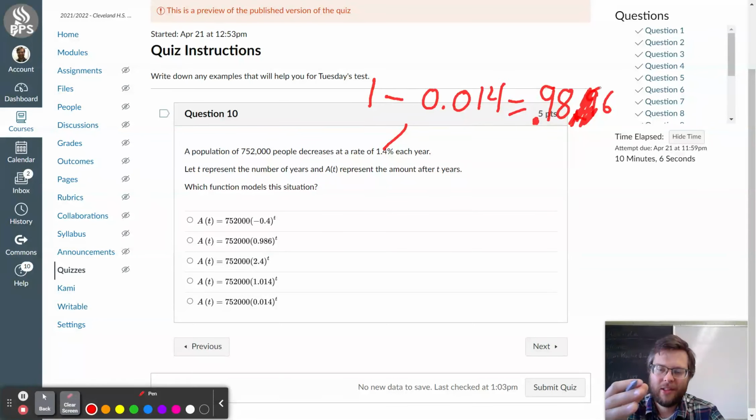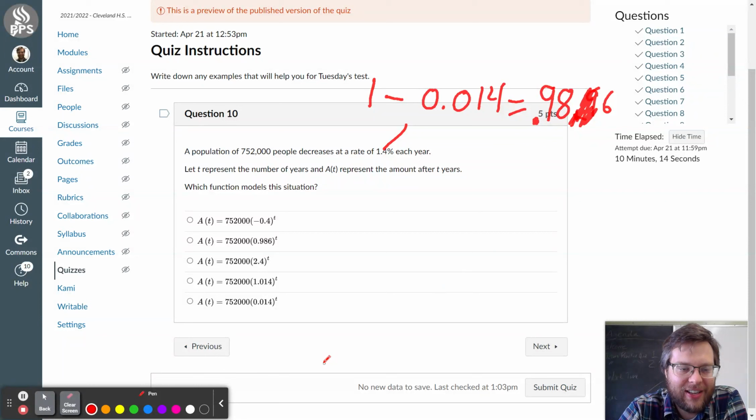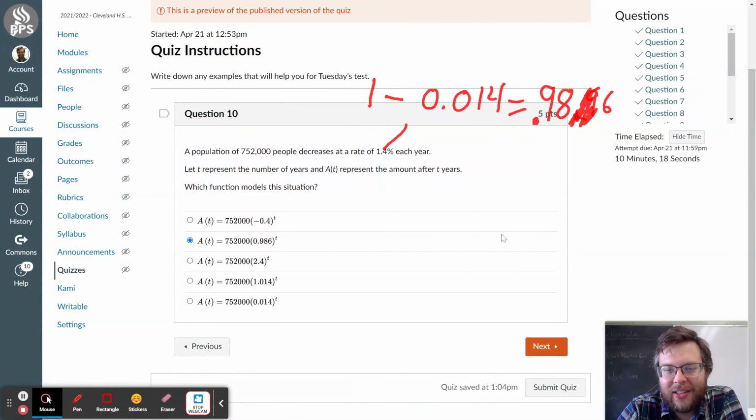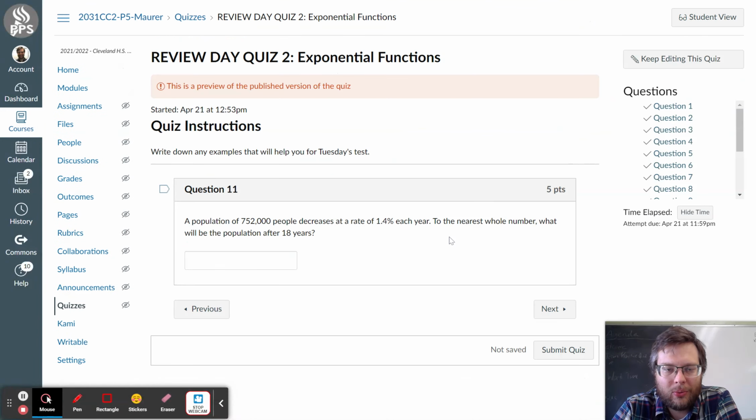Remember on the previous problem, I did 1 plus the interest rate. Now I do 1 minus the interest rate because it's decreasing here. All right, so we have 752,000 people and 0.986 remain every year. All right, hopefully no more wasps.